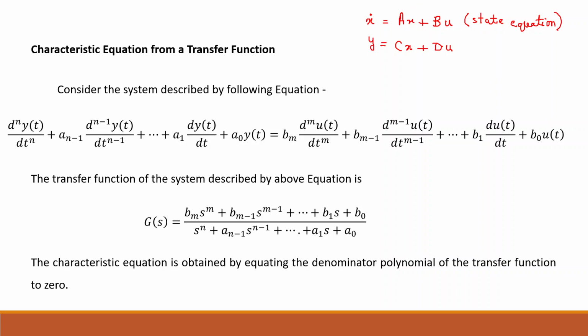So the dynamics of the state x dot is a linear function of the states themselves and a linear function of the input. The next equation is the output equation, where the output y is a linear function of the states and related to the input. So this is known as the output equation. This is the backbone of state space analysis.